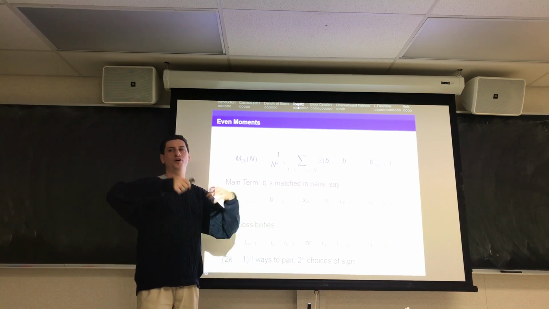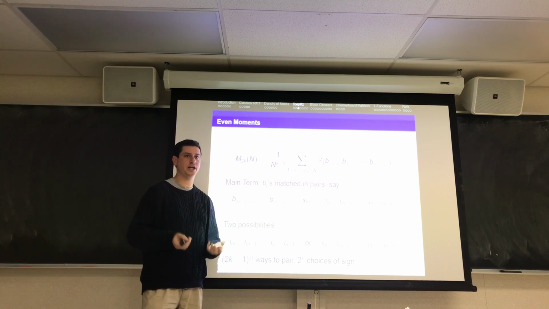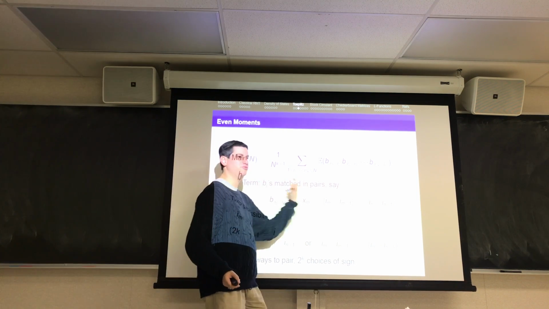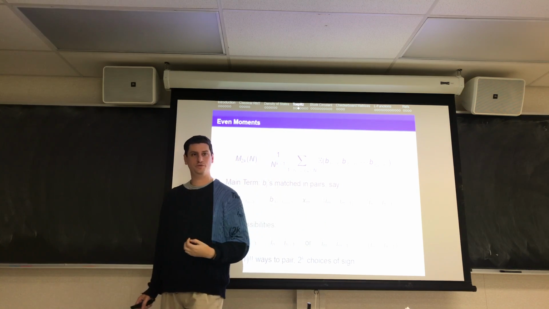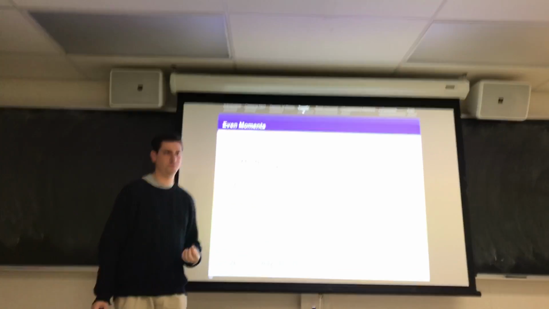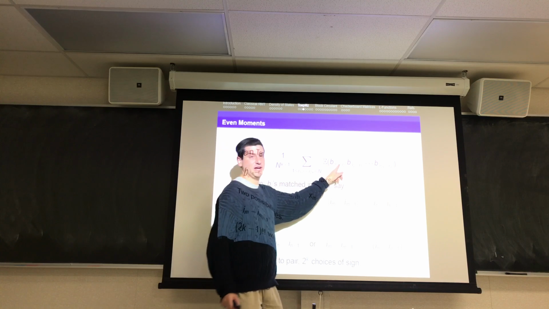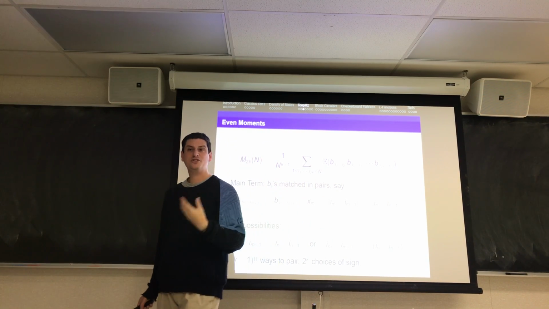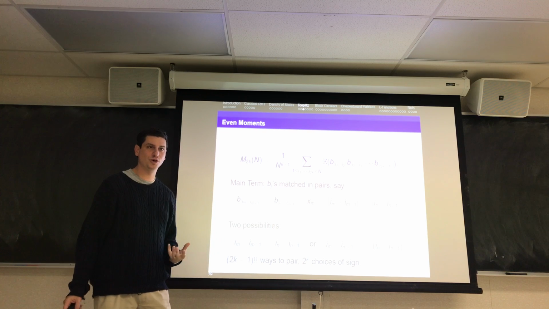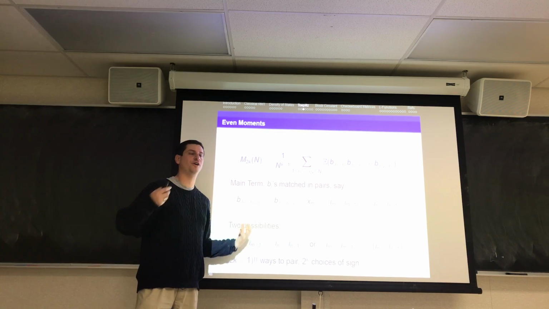And again, I don't want to go into all the details here. If you want to, happy to chat, happy to show you the papers. I want you to get the broad brushstrokes. If they're not matched in pairs, it's a lower order contribution. So everything has to be matched in pairs. If something is unmatched, it's mean 0, so it'll immediately vanish. And it turns out if something is matched in a triple or higher, it's a lower order contribution. It's too unlikely for all that to happen.